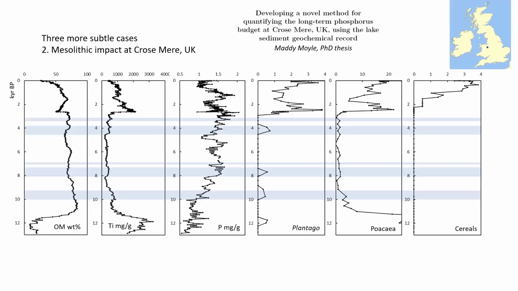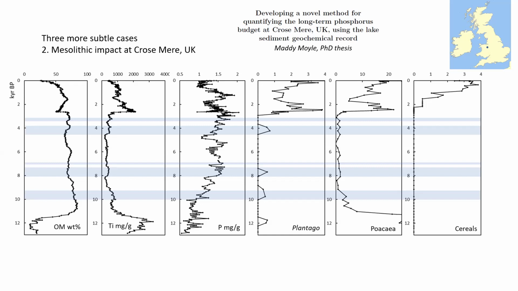Another example, and this is from Maddie's PhD work, and please ignore the really strong signal at the top there, that's Iron Age, but look instead at the blue lines. They show small bulges in the titanium concentration, which we can expect are related to small increases in erosion rate.